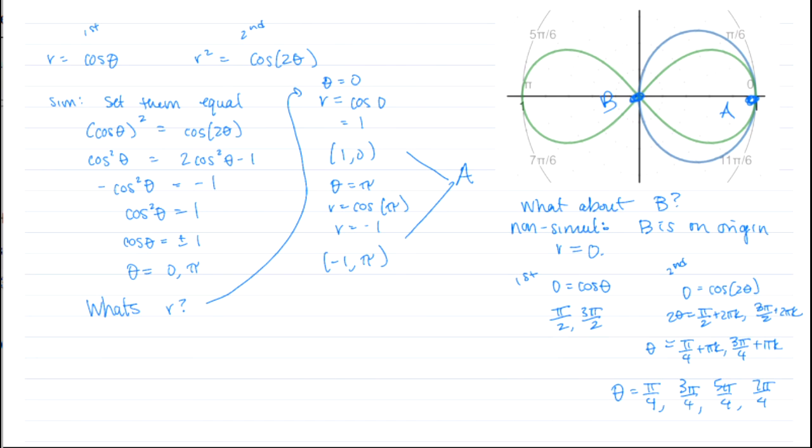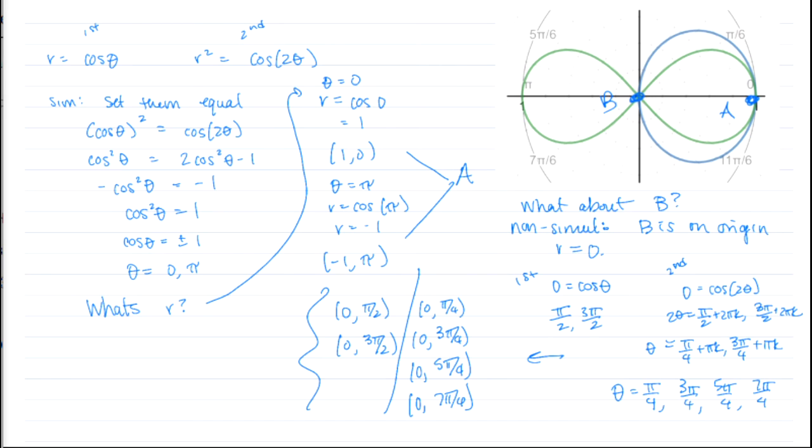Okay, so that's kind of a mess, but we have this then. We have (0, pi over 2), (0, 3 pi over 2), and then a big slash and all four of those: (0, pi over 4), (0, 3 pi over 4), (0, 5 pi over 4), and (0, 7 pi over 4).